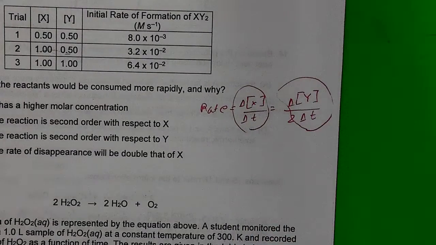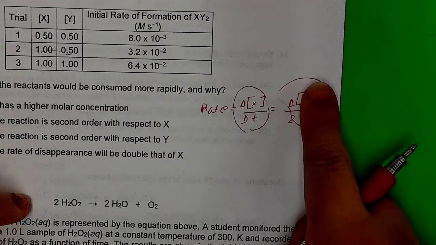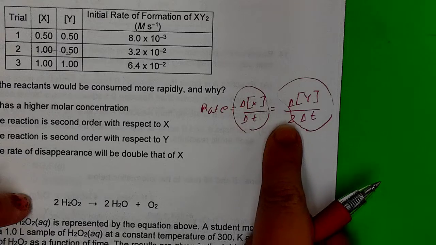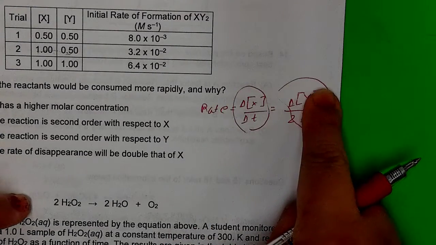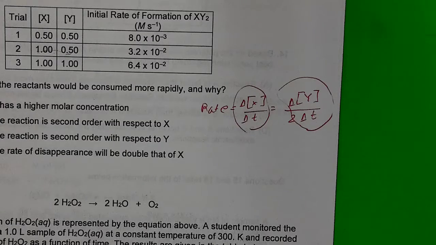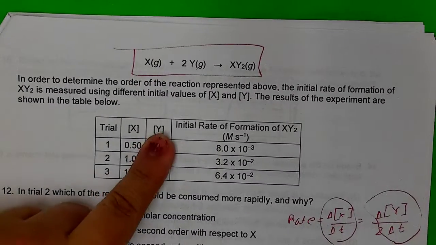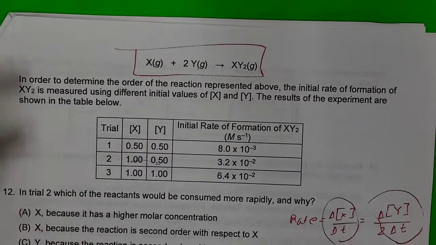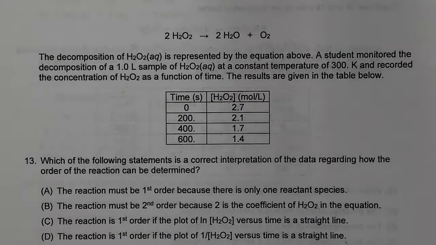So the rate of disappearing of Y is 2 times that of X, or X is half of that. Do you see that? So Y is disappearing faster. In fact, notice you don't need this table at all. Extra information.